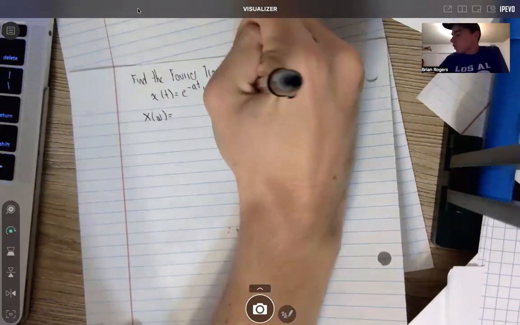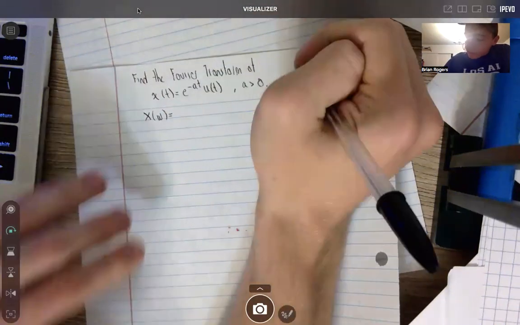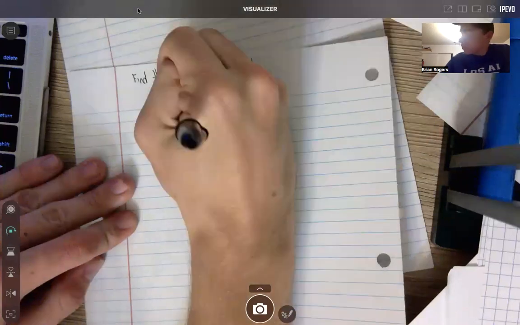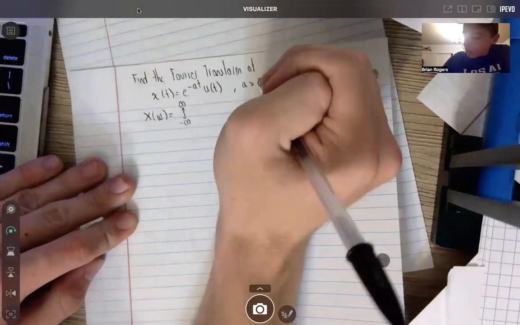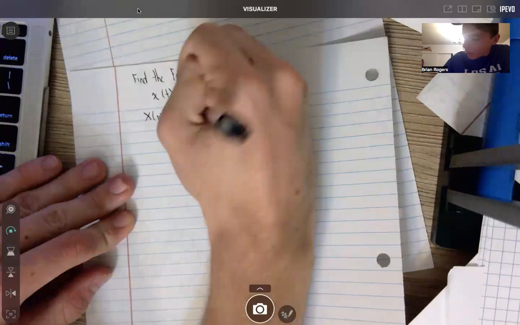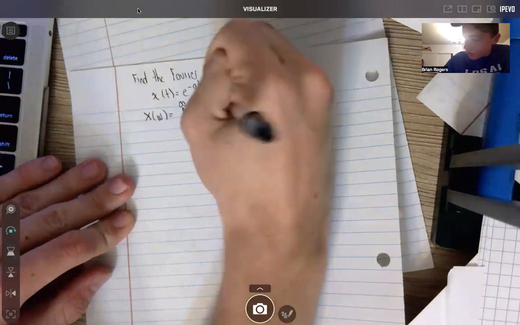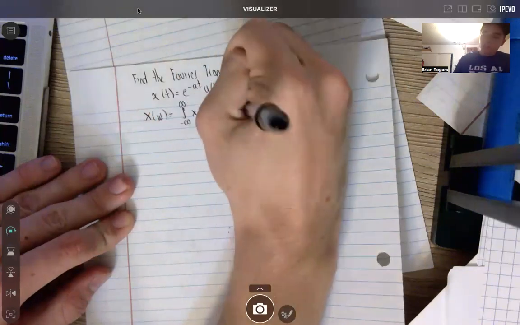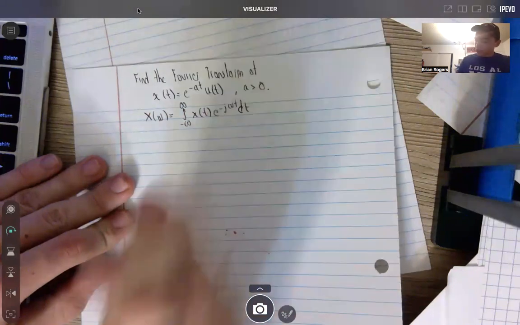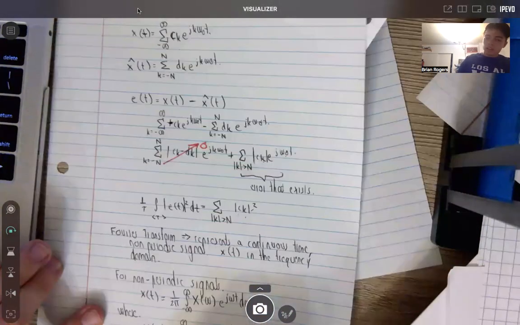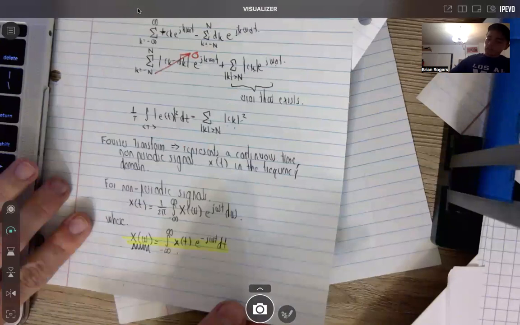That told us that. So X of omega is going to equal the integral from negative infinity to infinity of x of t e to the negative j omega t dt. That's literally just pulling it from this equation here, which I highlighted.